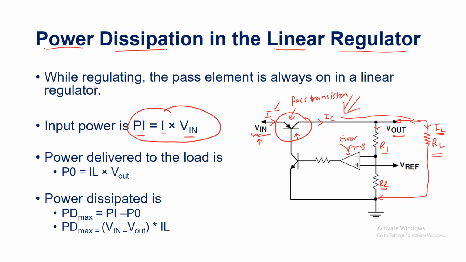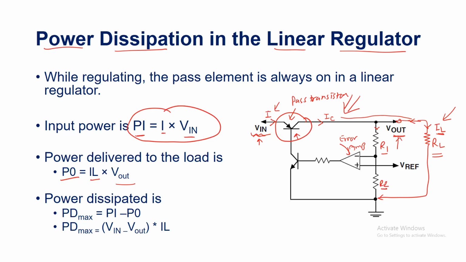IL is the load current and V out is your output voltage. So the output power in this case is the load current multiplied by the output voltage.